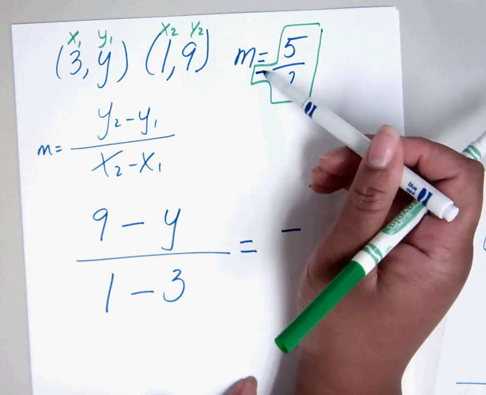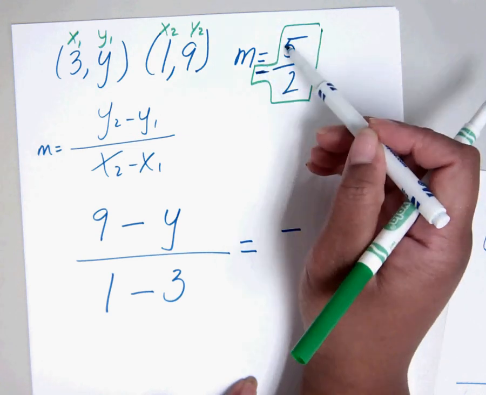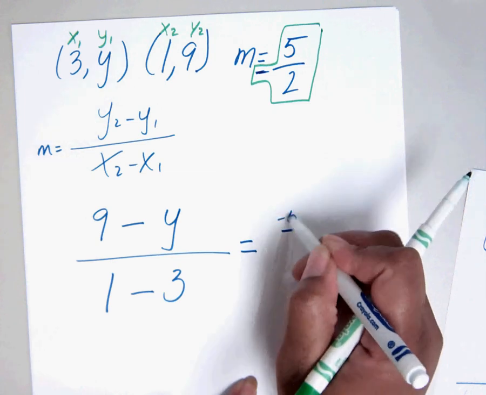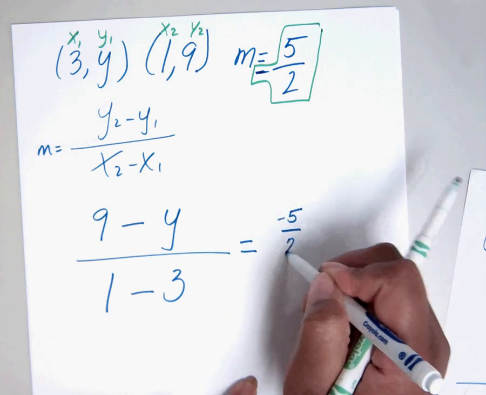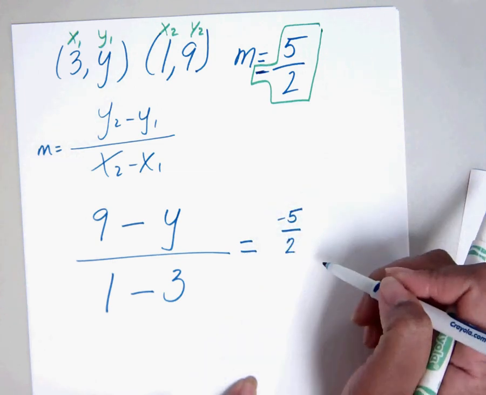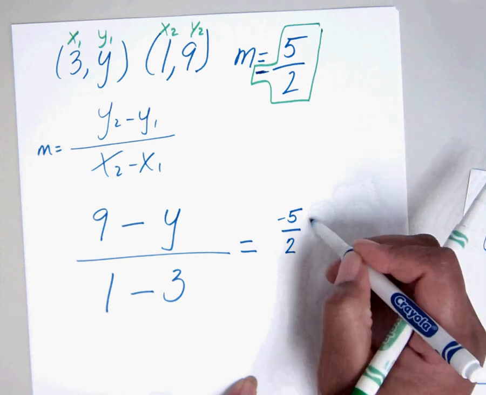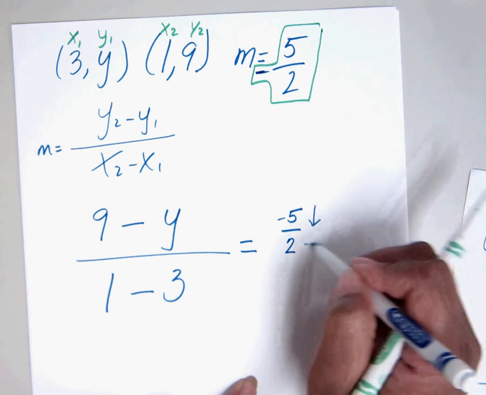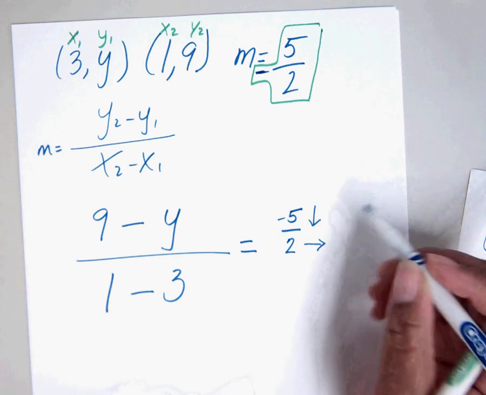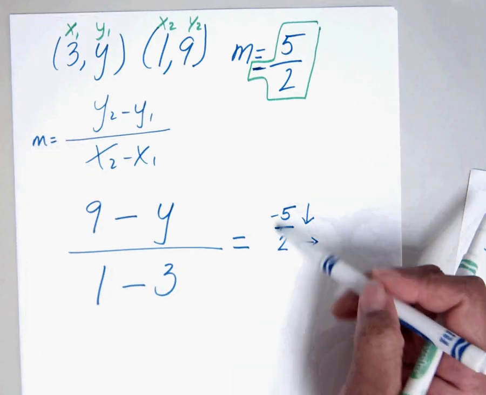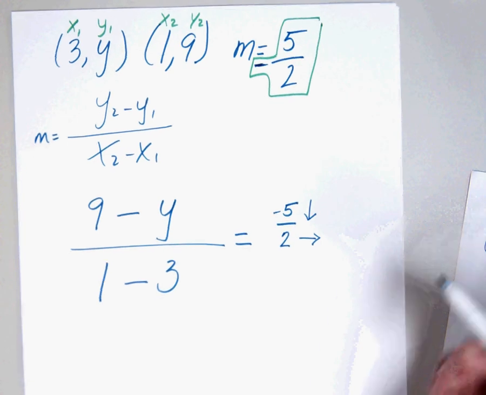When you see the negative in the middle, just move it to the top. And that means that the bottom number is positive. So if we were graphing, that would be down 5 and then to the right 2. Okay?